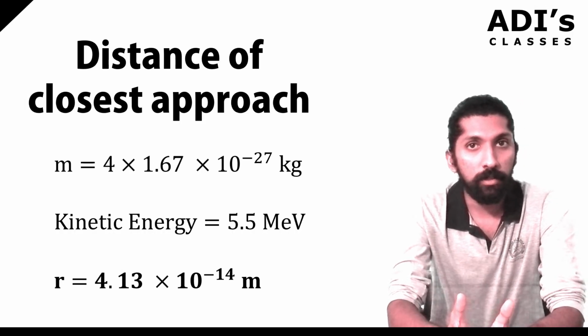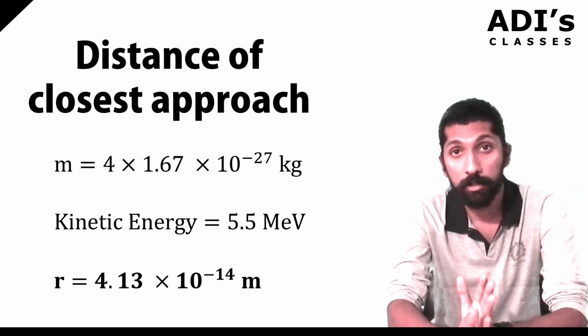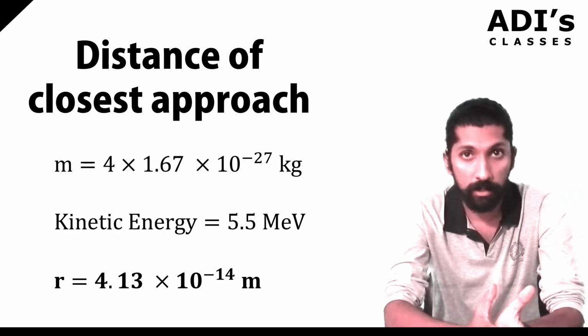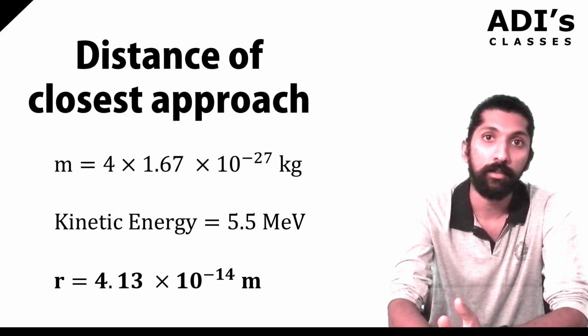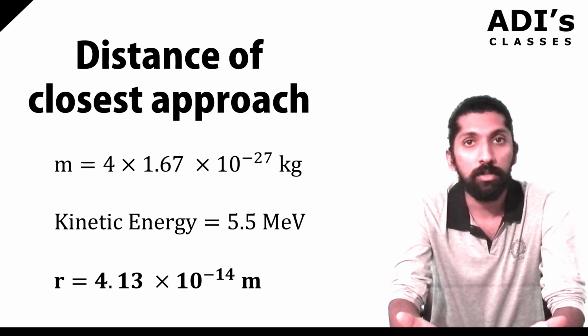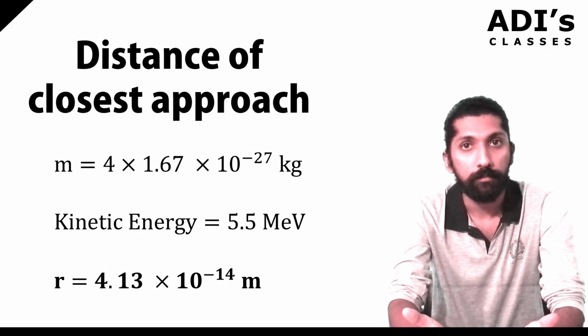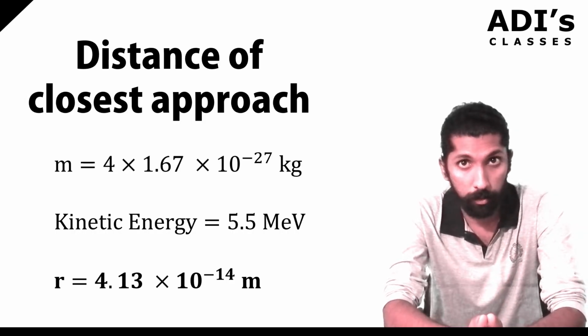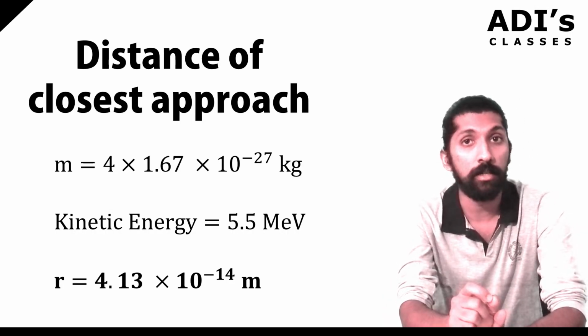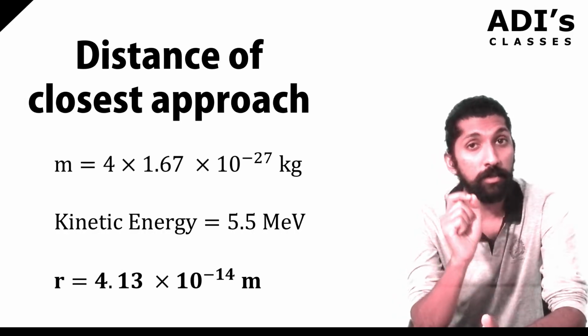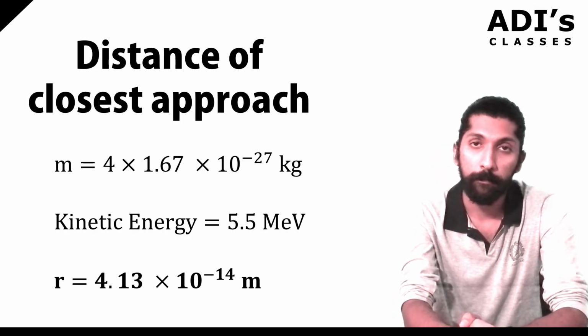Look at the size of the nucleus, 10 to the power of minus 14 meter. The size of the atom is about 10 to the power of minus 10 meter. Look at how small the nucleus is. So this distance of closest approach is one of the parameters to calculate the size of the nucleus. Alright.